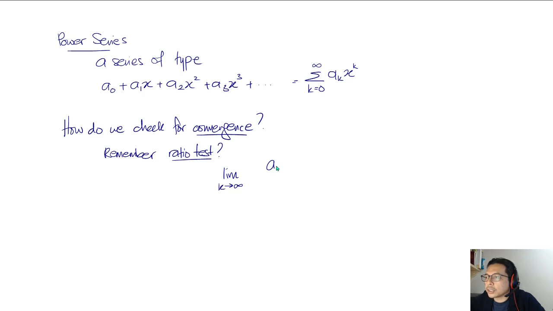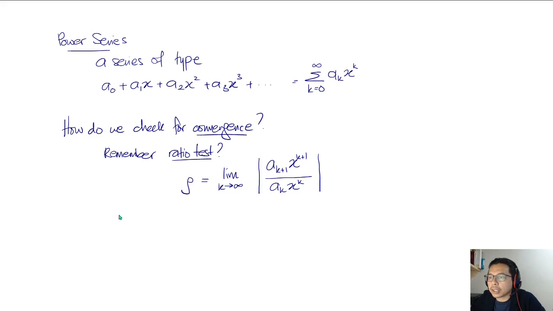In this case, our power series term is a_k x^k. I'm going to put a_(k+1) x^(k+1) divided by a_k x^k. We want to look at the limit of this when k tends to positive infinity. And I will add an absolute value, because we are going to look at the absolute value of this. Then I will name this limit rho.